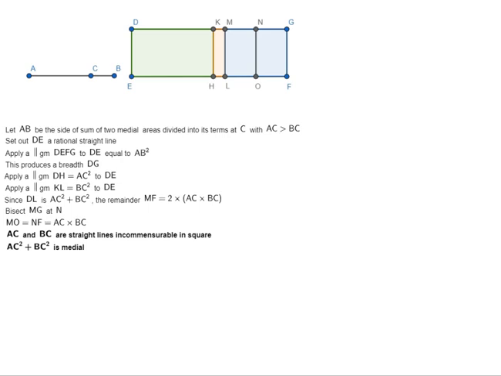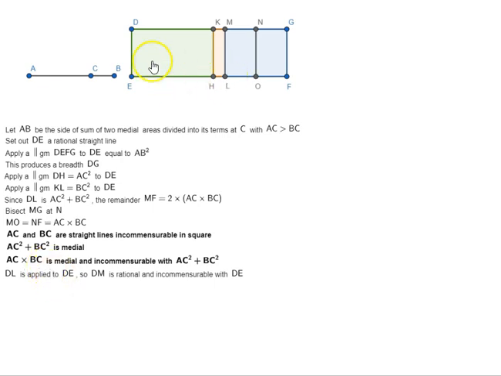AC square plus BC square is medial, and AC by BC is medial and incommensurable with AC square plus BC square. DL is applied to DE. So DM is rational and incommensurable with DE. Since AC by BC is medial, 2 times AC by BC, which is MF, is also medial.